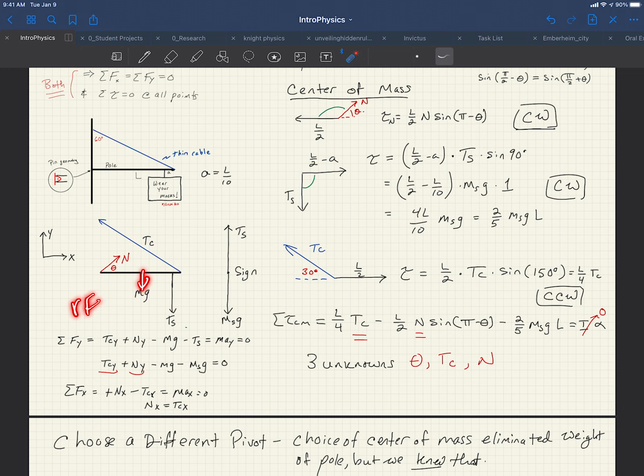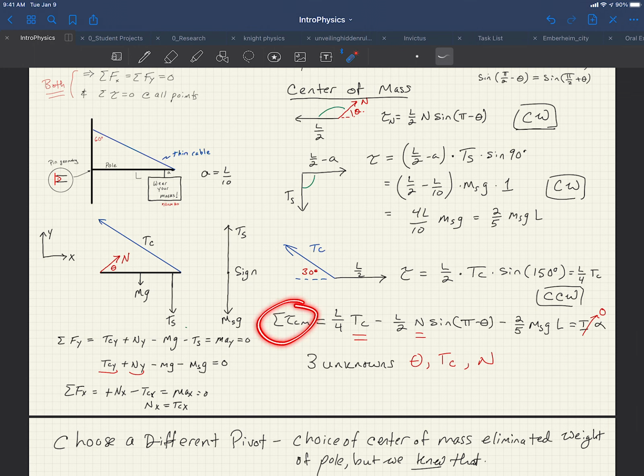So RF sine of theta, R is 0, torque is 0. The other way to think about it is if you have a pencil and you just balance it on your finger, if you push up or down, you're not going to cause rotation. Now, it might fall, it might slip, but it's not going to rotate because you're pushing it up or down. And so putting a force through the center of mass of an object won't cause it to rotate about that center if nothing else is being applied to it.